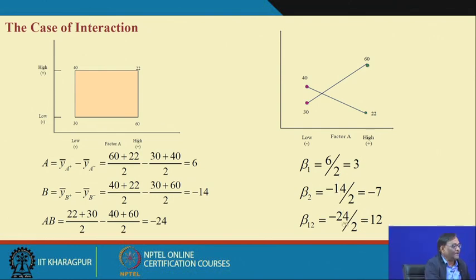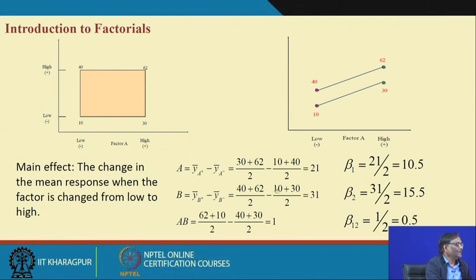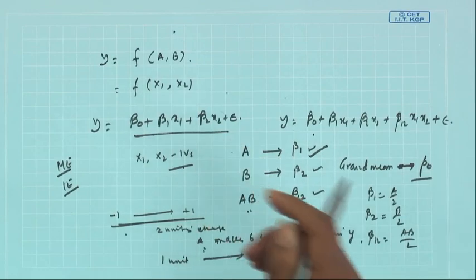So, here beta 1 2 is very large, okay, this is minus 12. Then here you see when other one, that beta 1 is 10.5 and beta 2 is 15.5, beta 1 2 is 0.5, all are positives. Okay. So, what will be the grand average here? 62 plus 40, 102 plus 40, so 142 divided by 4, that will be the beta 0 value for this case.